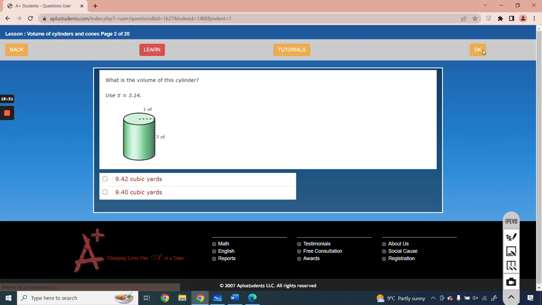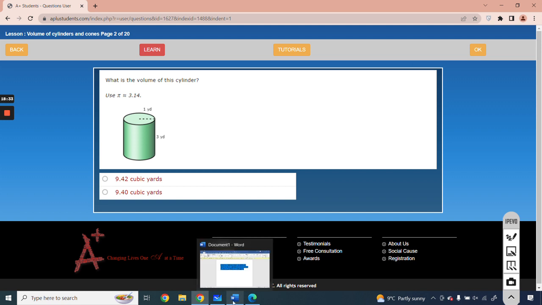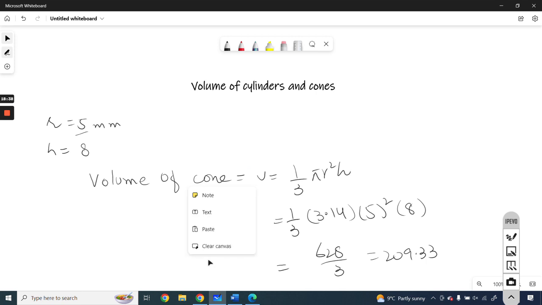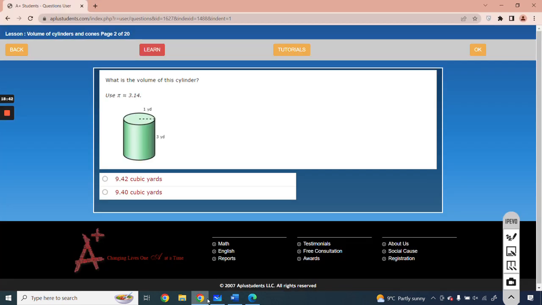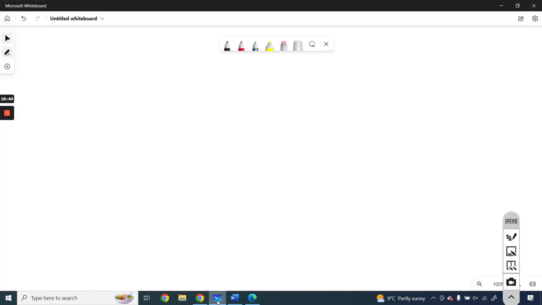Okay, the next one is we have to find the volume of the cylinder. Whenever you have to find the volume of the cylinder, we have to use the formula V equals pi r square h. The values are: height equals 3 yards and radius is 1 yard.